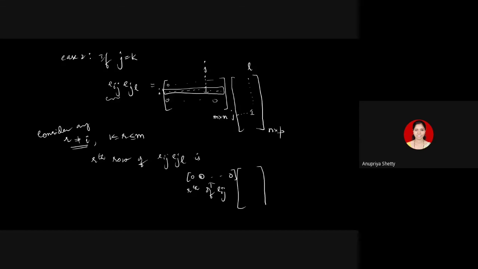That is multiplied with the second matrix, which has a 1 present in its jth position. But whatever the second matrix is, the first row has only zeros in it. After multiplication, that says, even in Eij into Ejl, all the other rows except the ith row are still zeros. We will look at what the ith row is now.